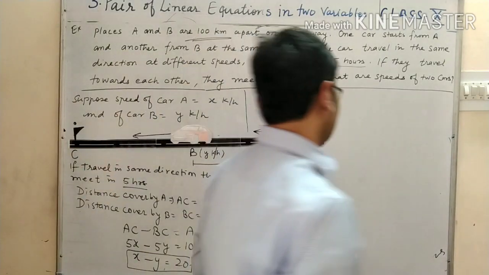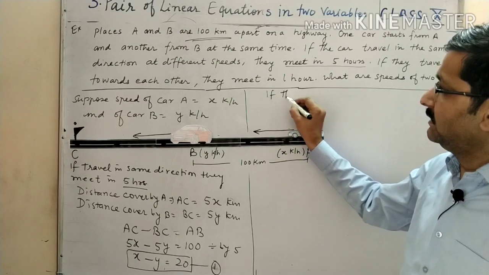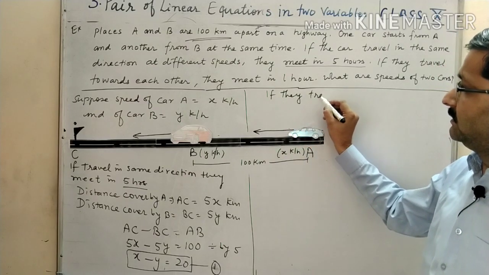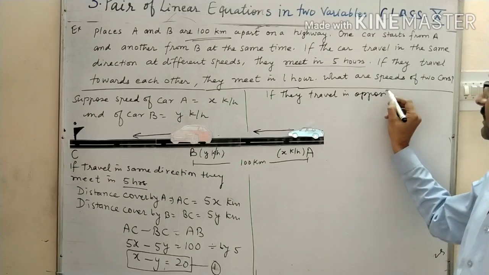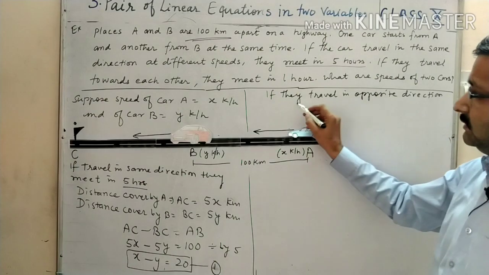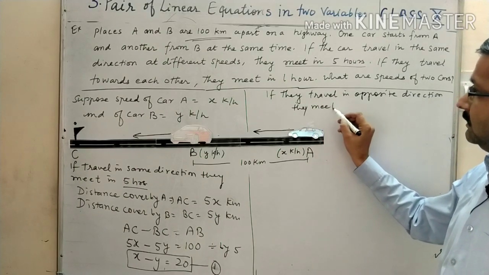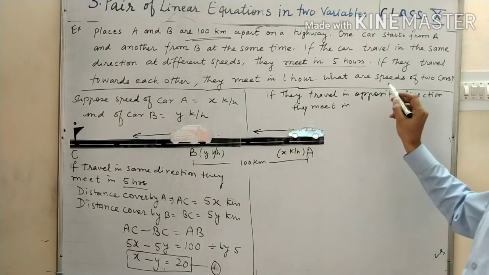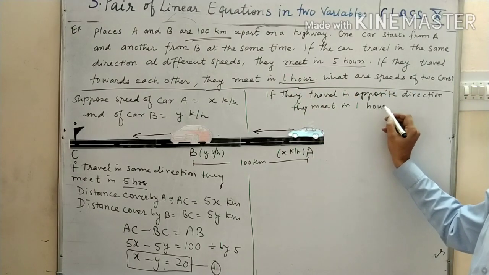Okay. Similarly, we will do the second part. If they travel in opposite direction, they meet in 1 hour.